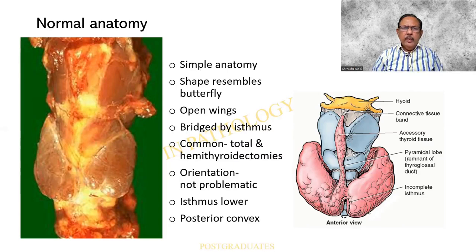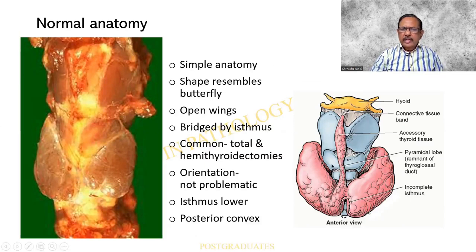The orientation, however, shall not be problematic because the isthmus is lower down. Again, the organ has got a convexity on the anterior aspect and a concavity posteriorly. So it will not be difficult at all. You cannot turn it the other way around.